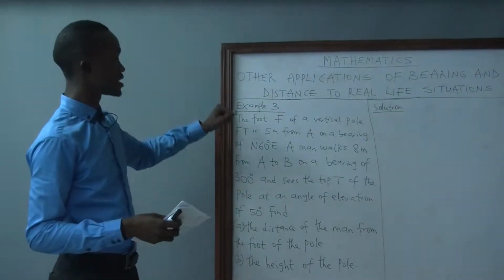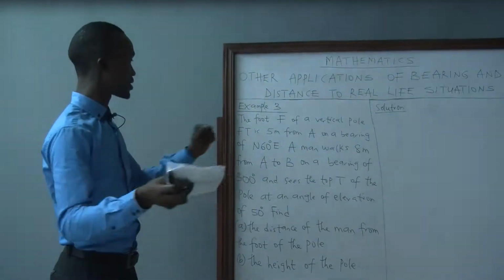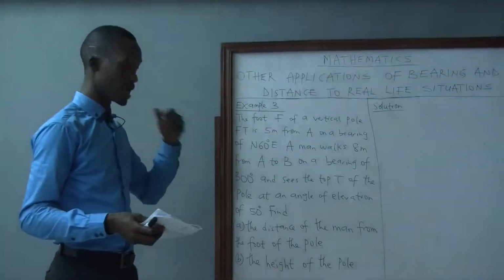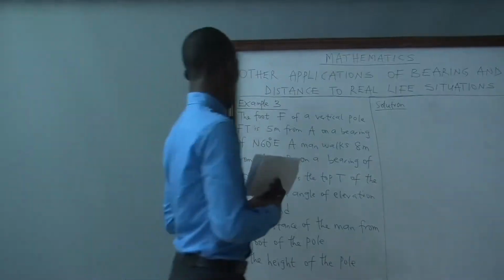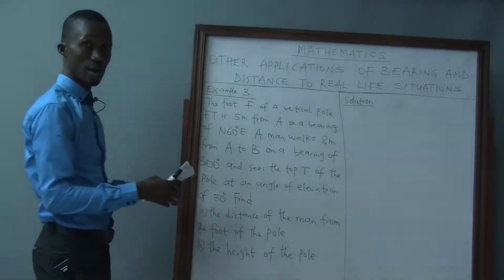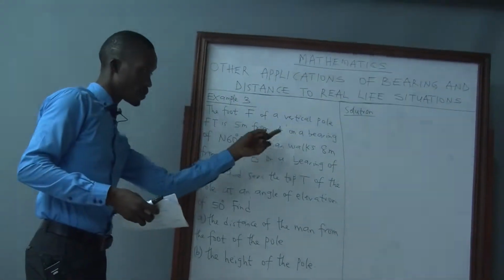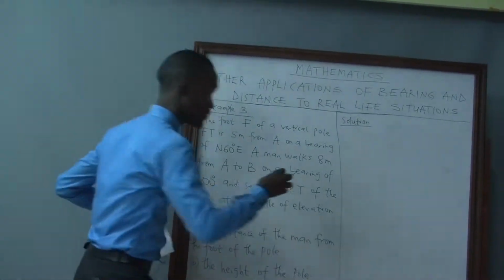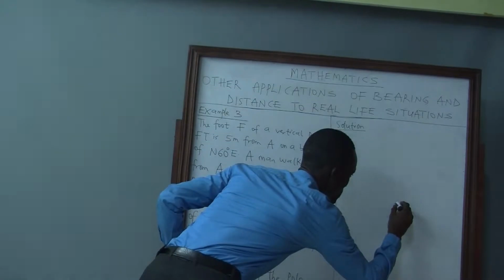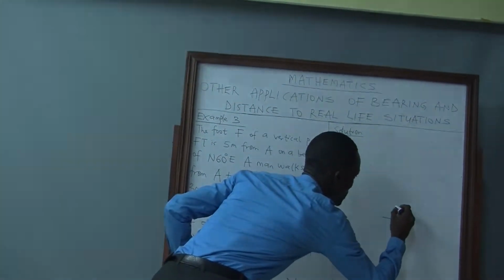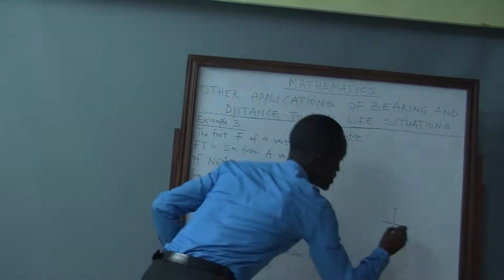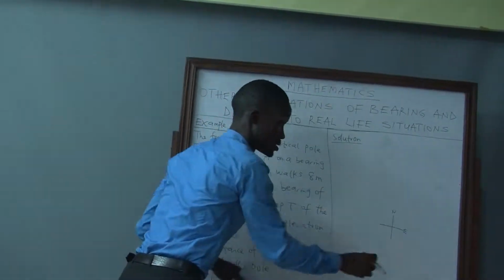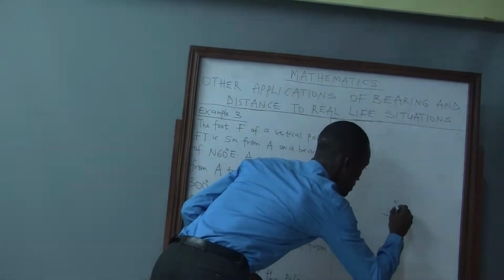Now we take the question, we take the interpretation one step at a time. So from here we first start with the first distance that we are given, 5 meters from A on a bearing of north 60° east. So we draw the 4 cardinal points, north 60° east. This is north, this is east. 60°, so it will be taken from the north to the east direction.